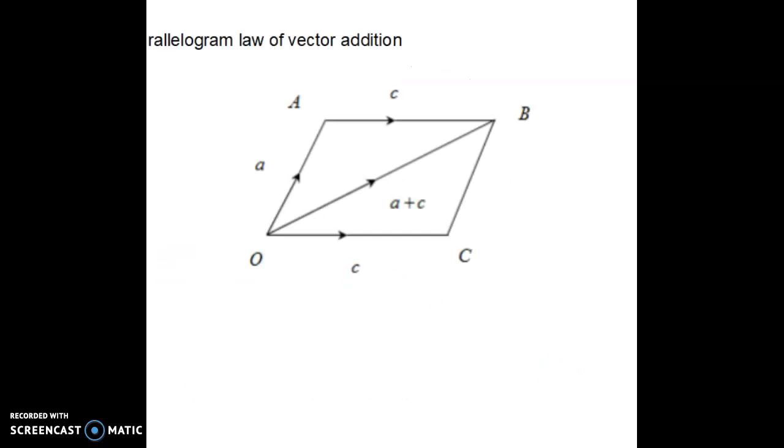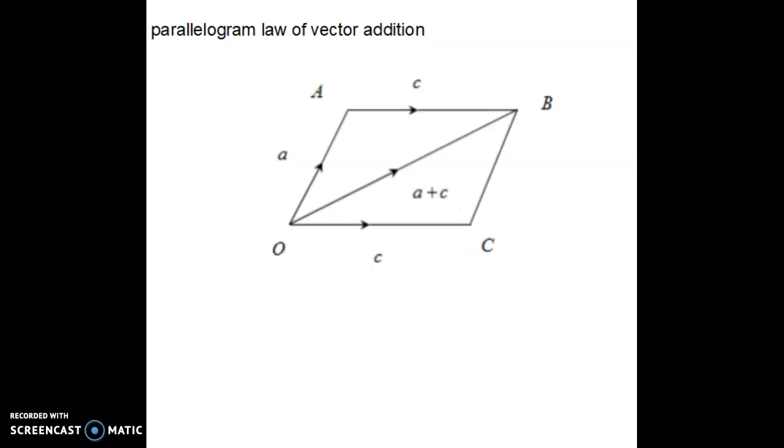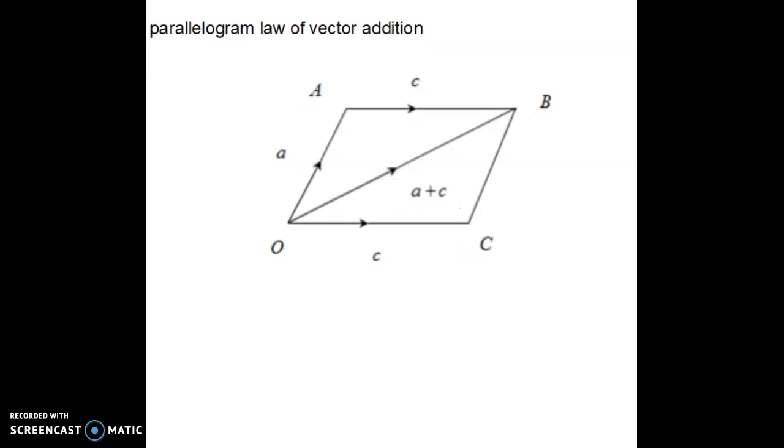Now we've got to talk about this, which is called the parallelogram law of vector addition. Now when you take the test, if you don't know this, I think maybe you'll drop a couple points. Maybe you won't even be on the test. But those of you who want to do really well, it's definitely worth your while to learn this.